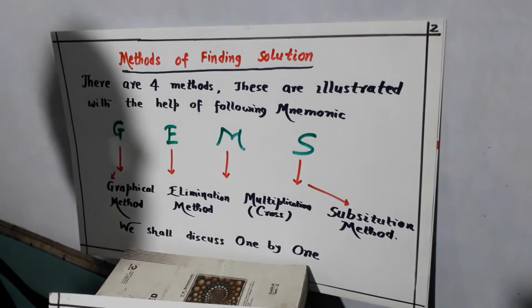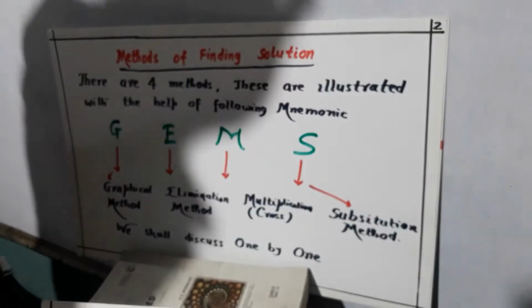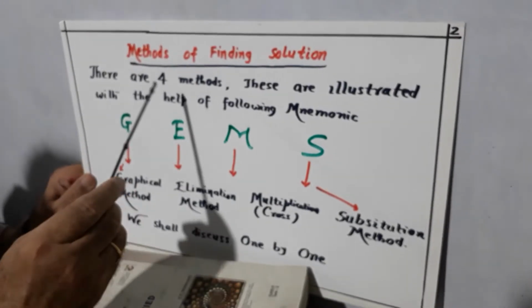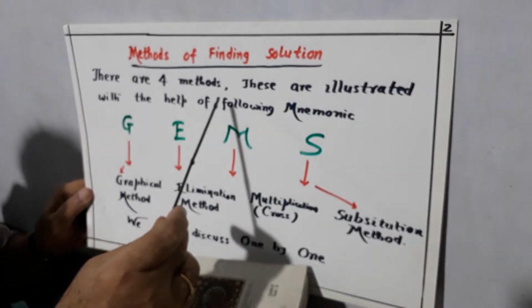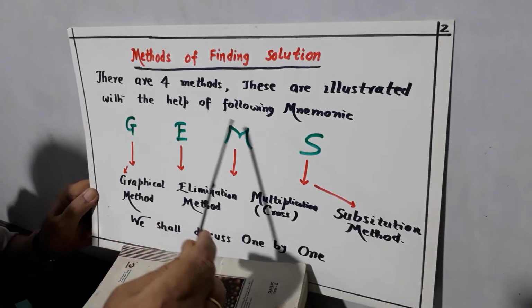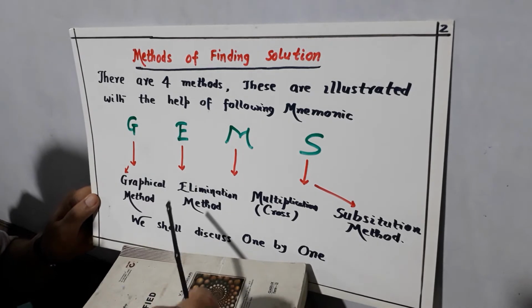Now how to remember the names of these four methods. These are methods of finding the solution. There are four methods. These are illustrated with the help of the following mnemonic: GEMS.